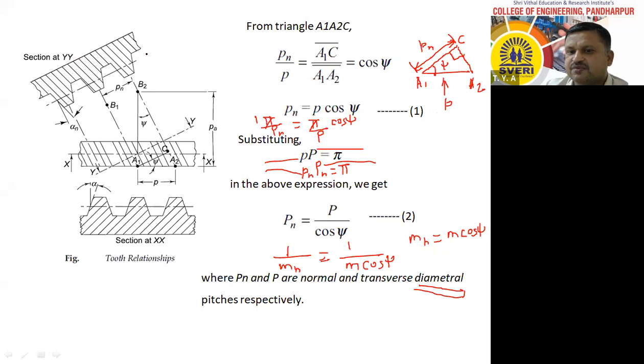Psi is equal to helix angle. Therefore, write down these equations directly. Therefore, small pn is equal to small p cos psi, equation 1. Similarly, write down equation 2.